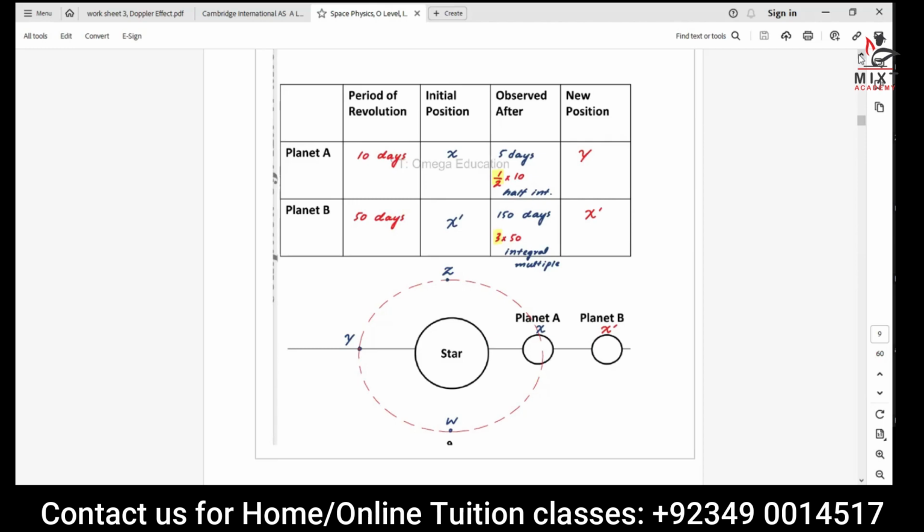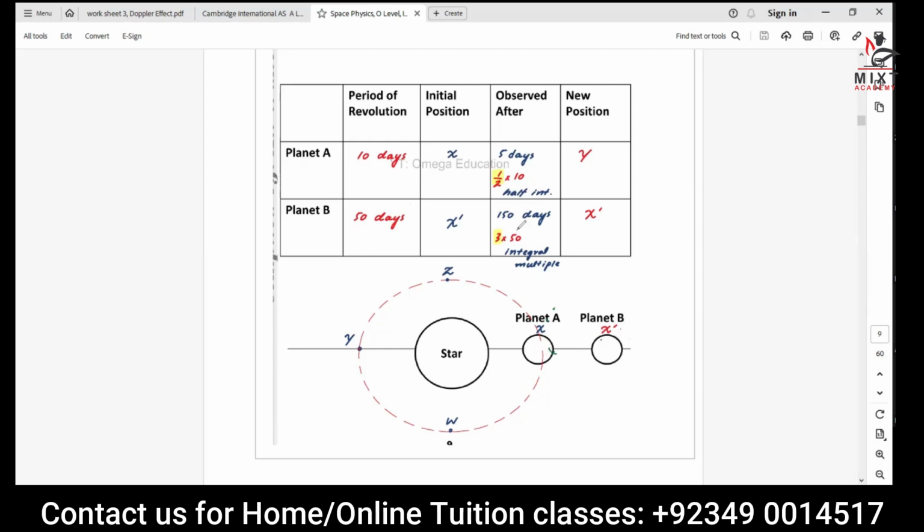For example, here we are considering planet A. Planet A takes 10 days to complete one revolution around the star, and planet B takes 50 days. Okay, and they both start from the same point. The initial position is the same. So what would be the position after 5 days, or what would be the position after 150 days? These questions would be asked in your exam.